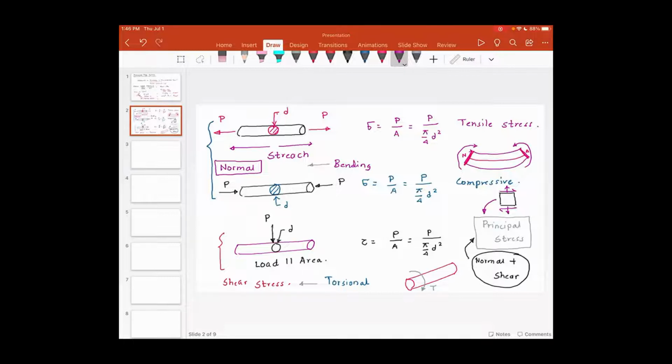And then you might have studied different theories of failure. And what does that mean? So you must have studied the Von Mises theory of failure. You might have studied the maximum principal stress theory of failure. You might have studied the maximum shear stress theory of failure.